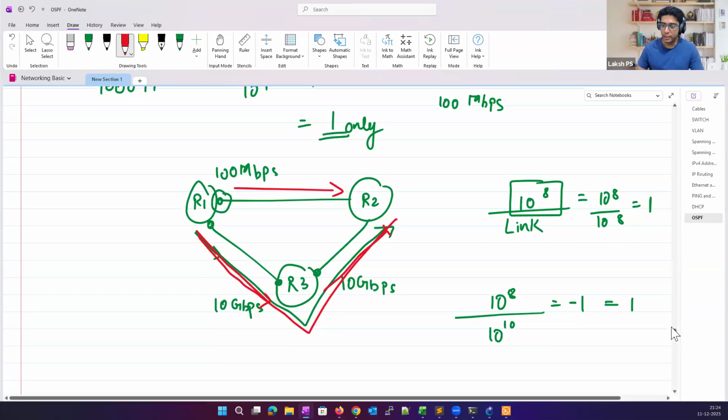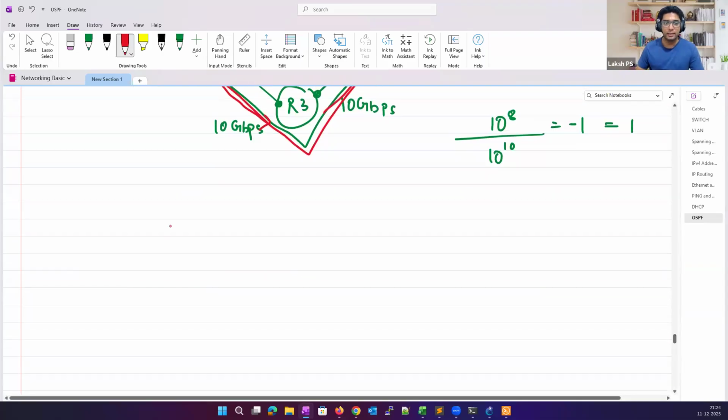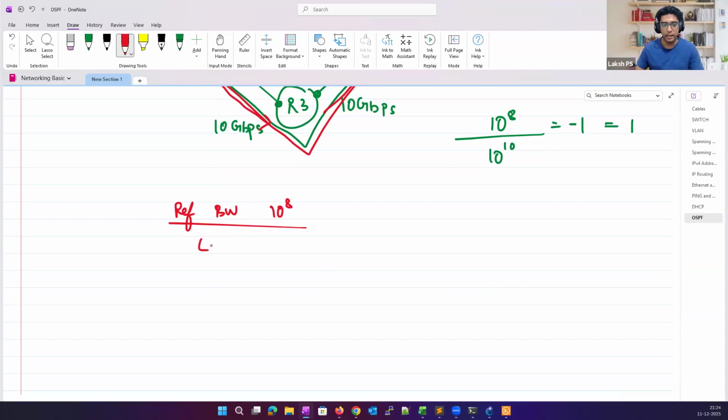That is why we have this reference bandwidth, which is 10 power 8 divided by link bandwidth. Based on your link bandwidth, you can change your reference bandwidth as well.